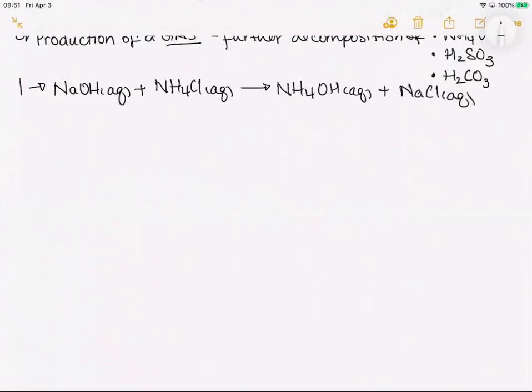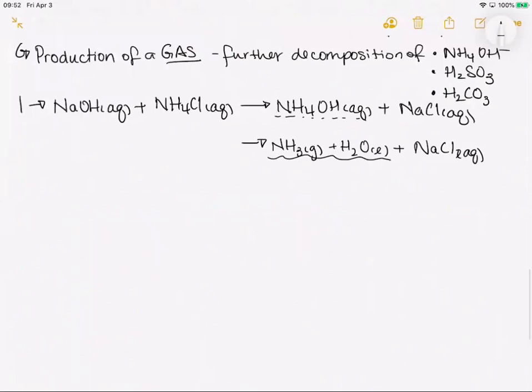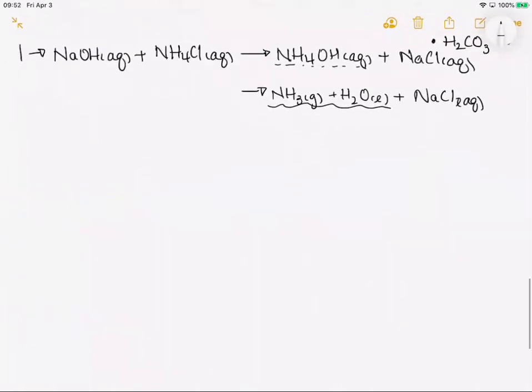So you have to be able to look at this and say, hey, I have this one formed. So you can just do another arrow underneath and show that NH3 gas plus H2O liquid is formed. Okay, so NH3 is always going to be gas. Whenever these 3 decompose, you're always going to have a gas being formed.